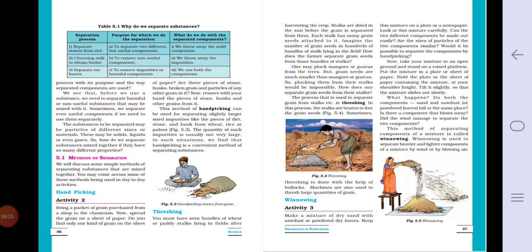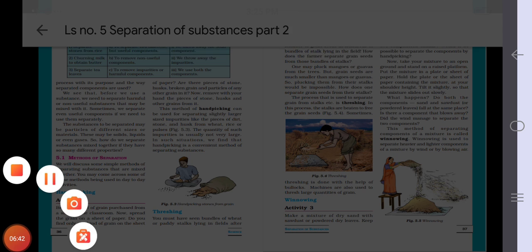In next period we'll see the other two methods. So for today we will stop here. You read out whatever I have taught you today, that is two methods, hand picking and threshing. So we'll stop here.